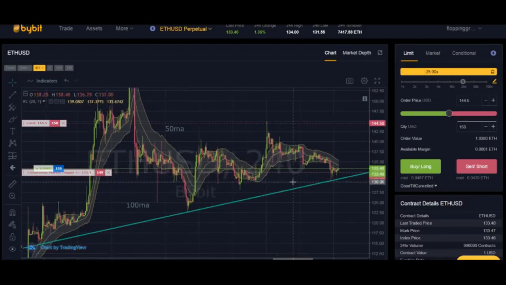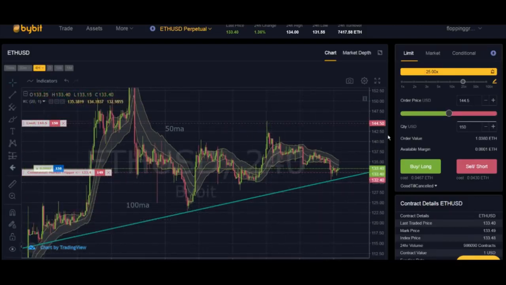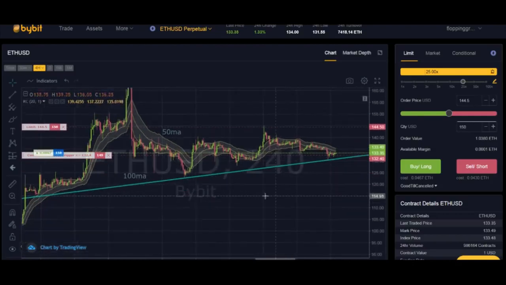And so what you can do is you can short when it goes out of the Keltner channel on the top, and you can long when it goes out of the Keltner channel on the bottom. It's a real great way to trade. Sometimes one side is favored over the other, like longing the bottoms is obviously a better strategy in an uptrend than shorting the peaks.